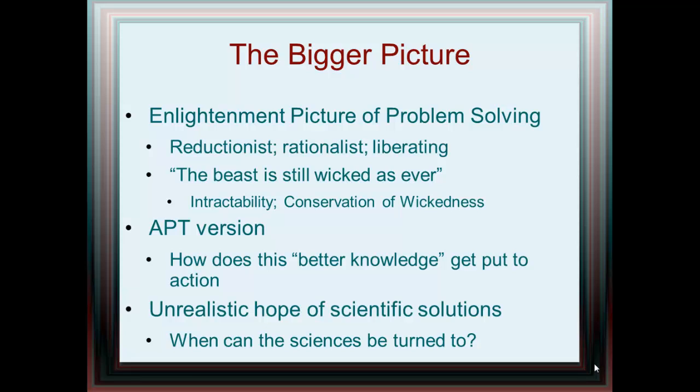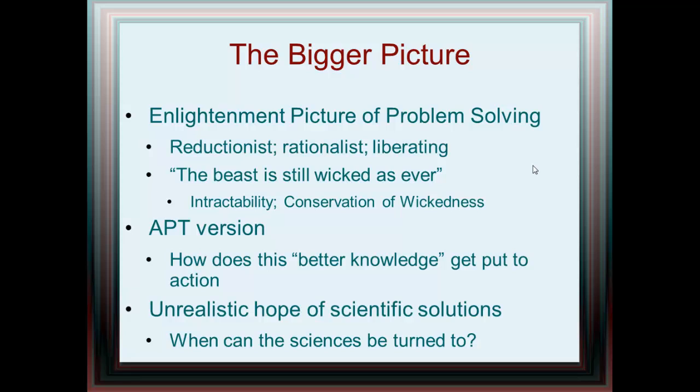Unfortunately, it appears, as stated in this article, that the beast is still as wicked as ever. These wicked problems, using this old Enlightenment philosophy, are not going away. They're still there. They seem to be shifting form. Almost a concept of a conservation of wickedness. Just as there's a conservation of energy, where things are neither created nor destroyed, they just change form, as we try to solve one problem one way, we get another problem.